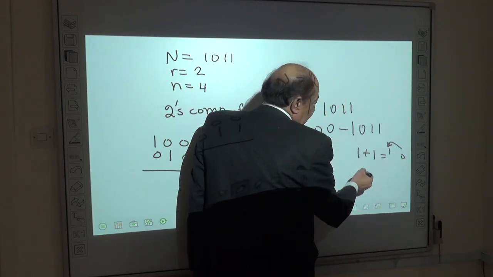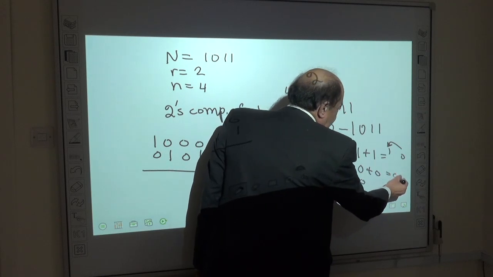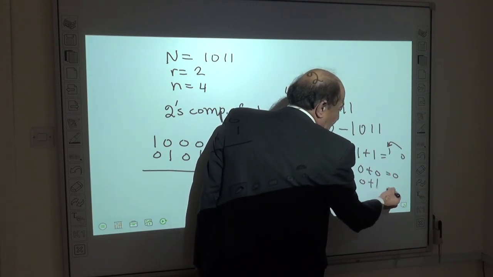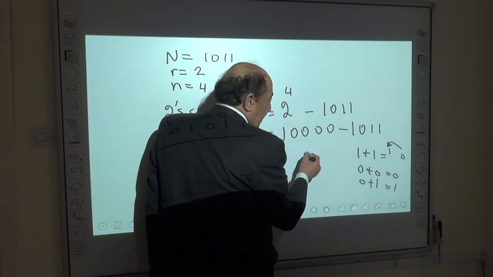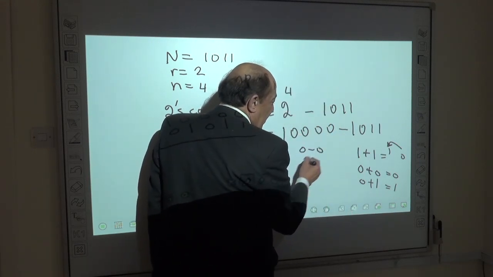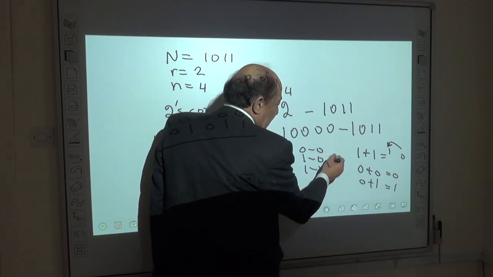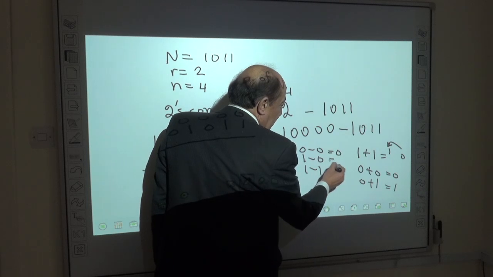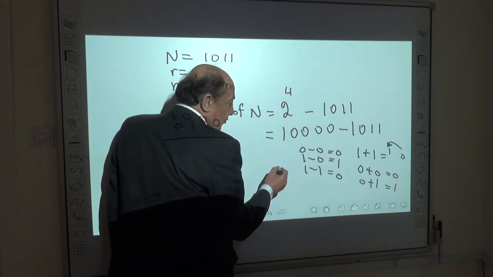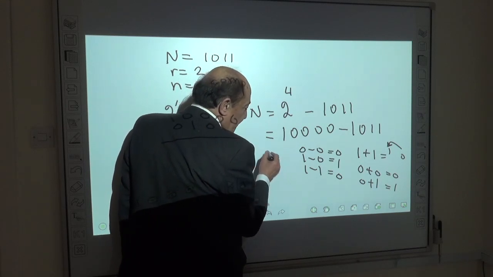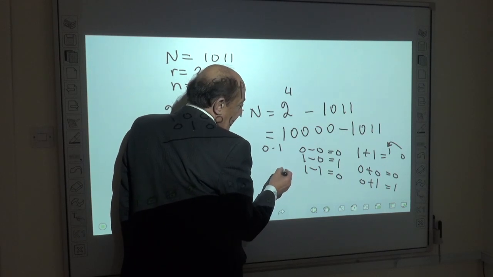The others, 0 plus 0 equals 0, 0 plus 1 or 1 plus 0 equals 1. But if we subtract 0 minus 0, or 1 minus 0, 1 minus 1, here 0, 1, 1 minus 1, 0.